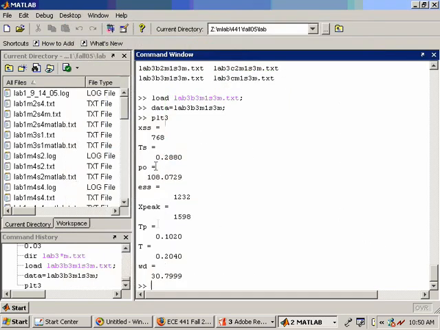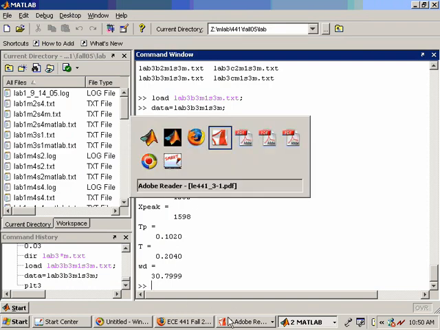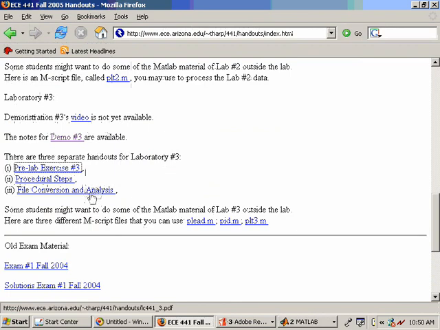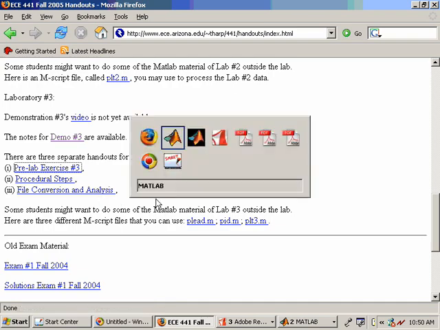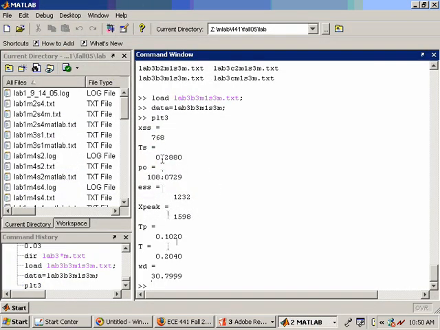And that you will then report in the appropriate location here with the file conversion, or part 3, where it tells you how to convert and analyze the data. You will record this set of numbers for both the phase lead controlled system and the PID controlled system. Let me go ahead and just load that in and demonstrate.